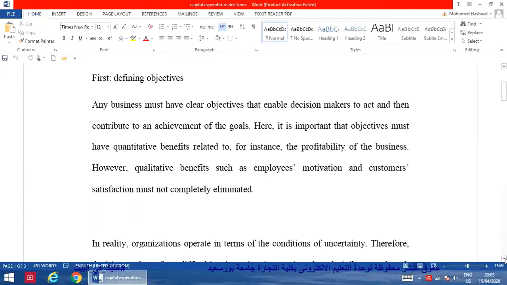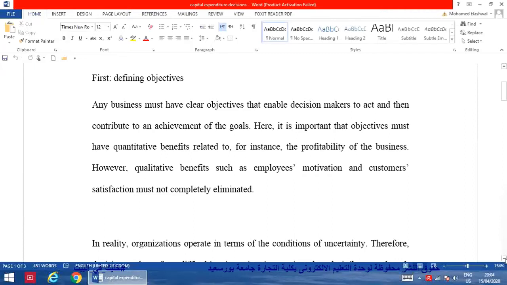Here it's important that objectives must have quantitative benefits related to, for instance, the profitability of the business. However, qualitative benefits such as employee motivation and customer satisfaction must not be completely eliminated.